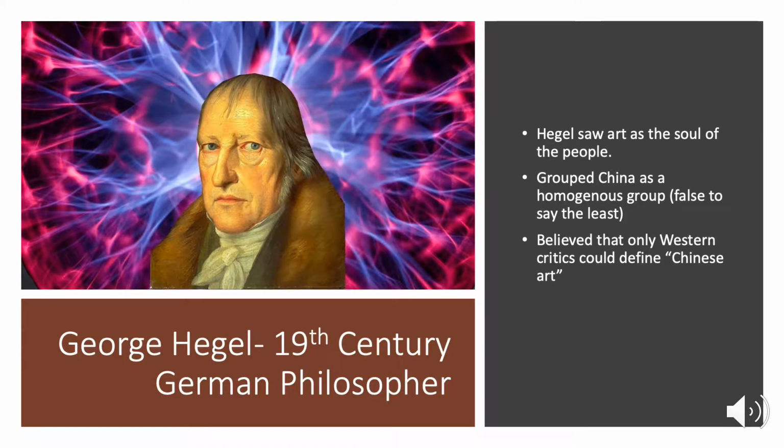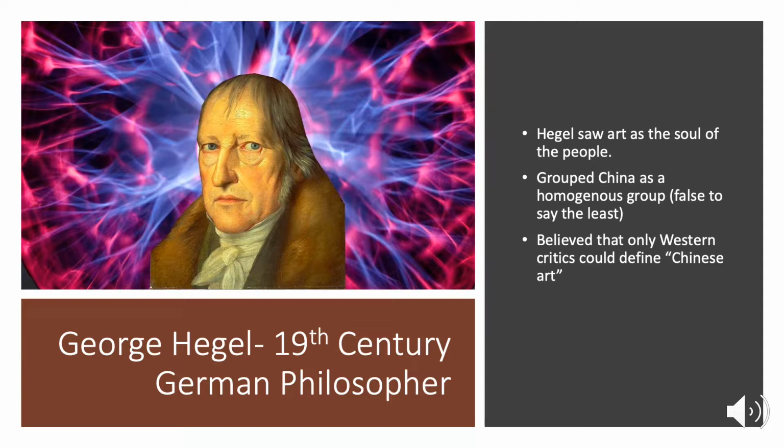So George Hegel was a 19th century German philosopher. He saw art as the soul of the people. Now, interestingly, he grouped China as one homogenous group, like one group that has a lot in common. This is very false, to say the least.